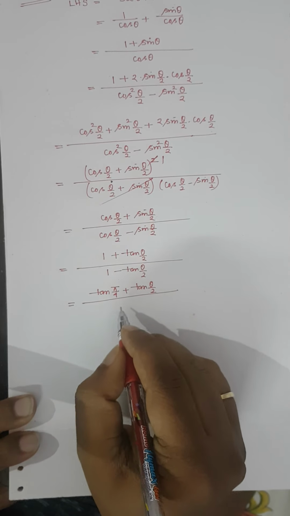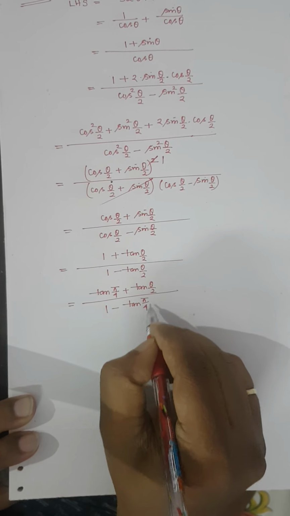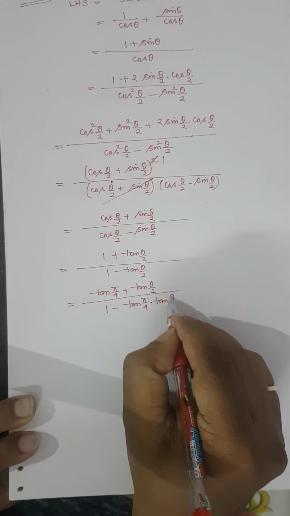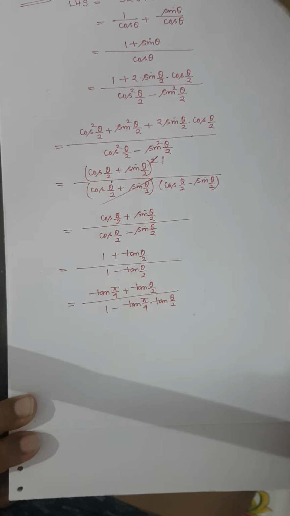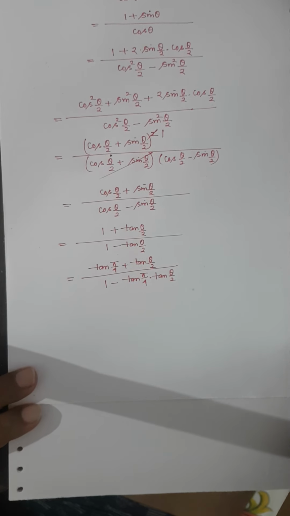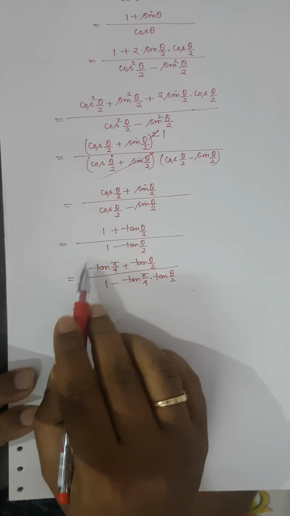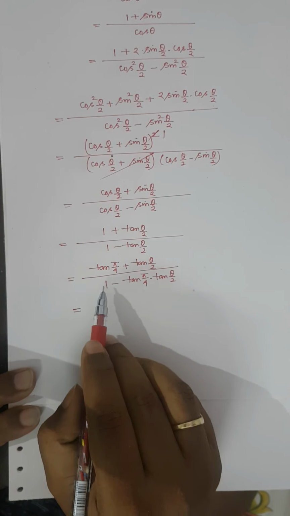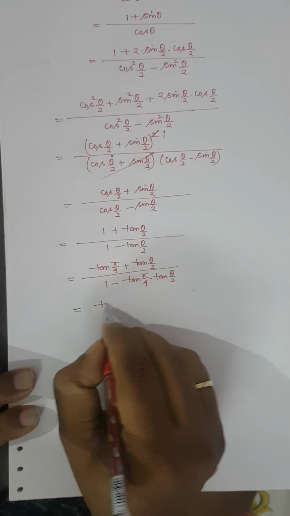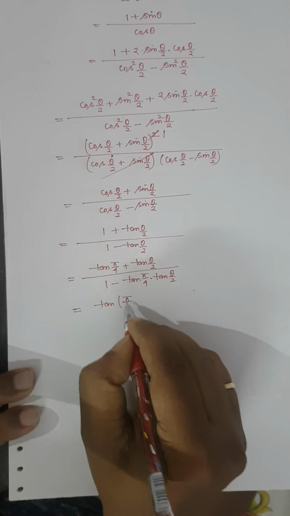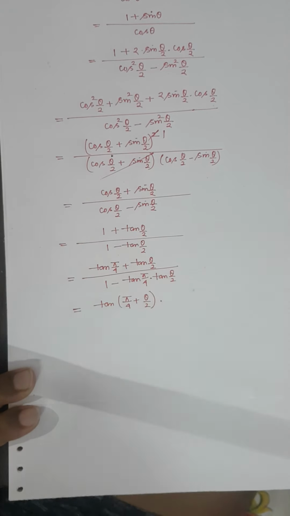In the denominator it is 1 minus tan pi by 4 into tan theta by 2. So the formula of tan A plus tan B divided by 1 minus tan A tan B is equal to tan A plus B. So the result is tan of pi by 4 plus theta by 2.